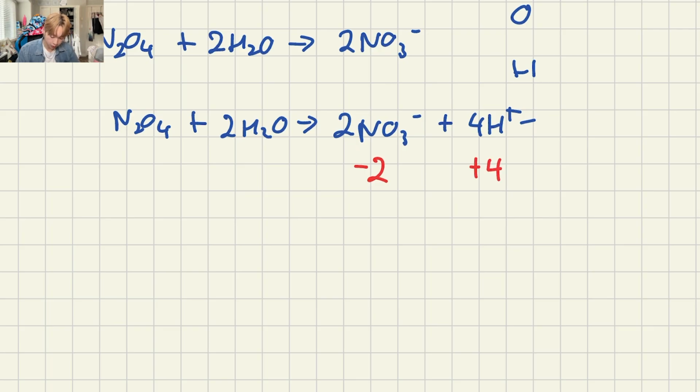Adding it up on our right side, we have a charge of +2. We need to somehow make that equal to our charge on the left side, which is 0. How do we make +2 into 0? We subtract 2 by adding 2 electrons. So it's going to look like this.